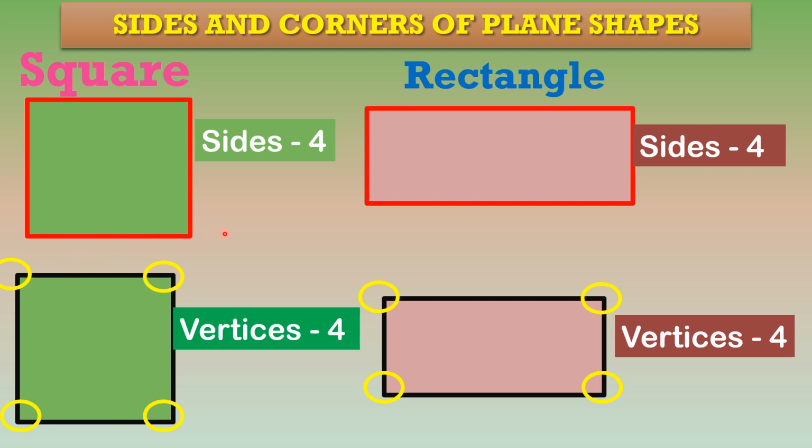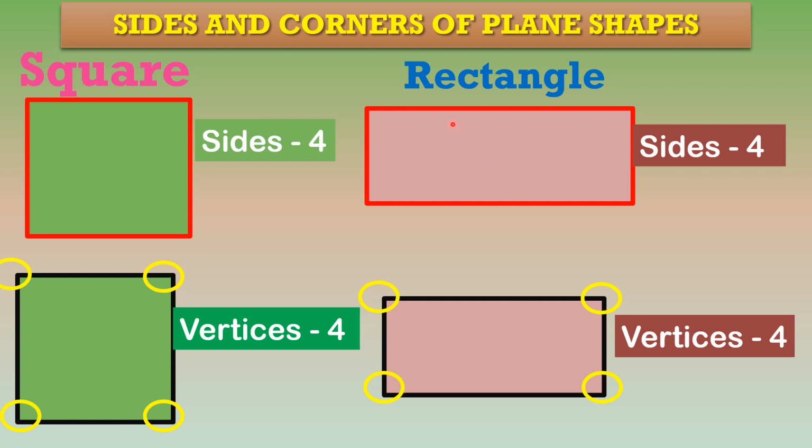Now move to the next plane shape. This plane shape is called rectangle. Can you name some objects which are rectangular in shape? Shoebox, notebook, chart paper, all these have rectangle shape. Now let us find out sides and corners of this plane figure.